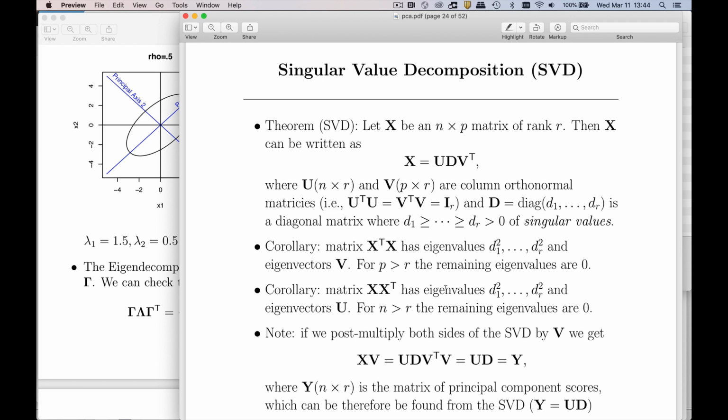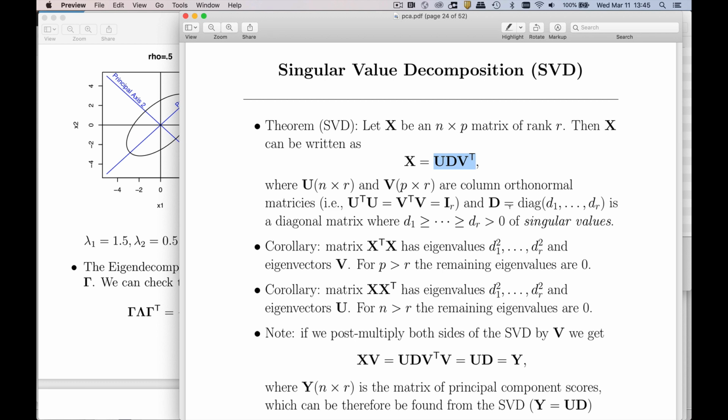So in general, if X is just some n by p matrix, and I'm also going to assume that the rank, so the number of linearly independent vectors that form a basis for this X matrix, is R. Then the SVD says there exist these matrices: U is an n by R matrix, V is a p by R matrix, and a diagonal matrix D, such that we can rewrite X as a product of those 3 matrices.